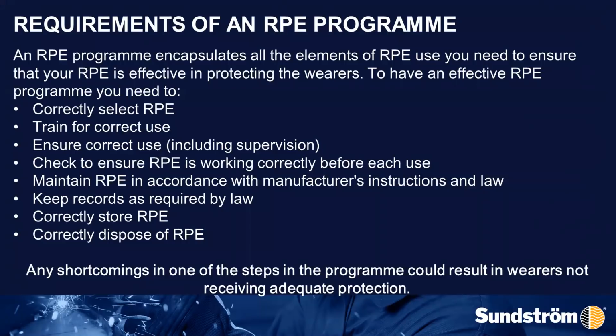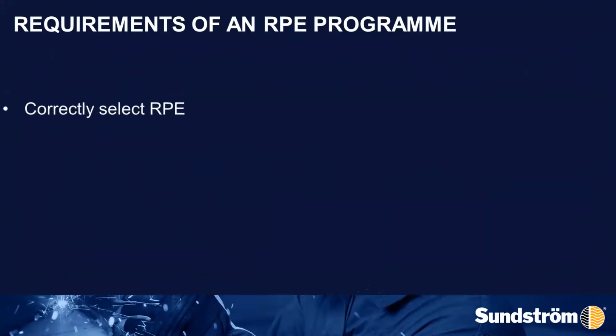Now, an RPE program is quite complex, and we don't have the time today to go into that, but a respiratory manufacturer, certainly we would, help you to go through that. Any good one will, and any good supplier will. But today what we're going to focus on primarily is correctly selecting the RPE, because it's really important we get that bit right. If we don't get that bit right, then we're in trouble further on down the line.